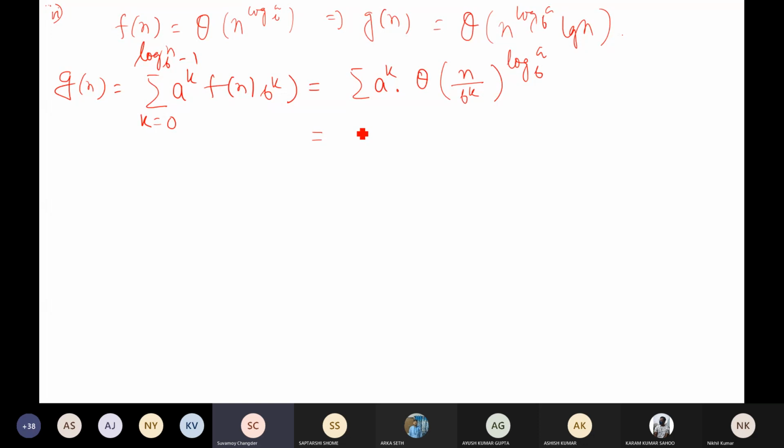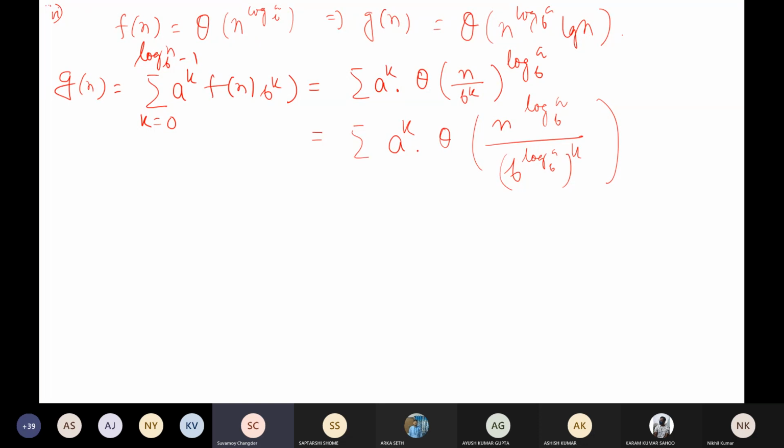That is equal to sum of a to the power k into theta of n to the power log a base b by b to the power log a base b to the power k, the same as the previous one that we have discussed. Right. So we can take out this n term from the outside of this sum.